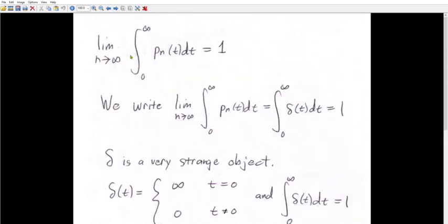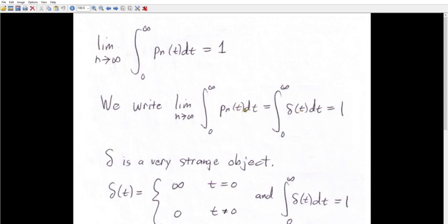Now, it's pretty obvious the limit as n goes to infinity of the integral of Pn of t dt is 1 because every pulse function has area 1. So we could write the limit as n goes to infinity of Pn of t. And now what we're going to do is think of delta of t, which is the delta function, as in some sense the limit of this.